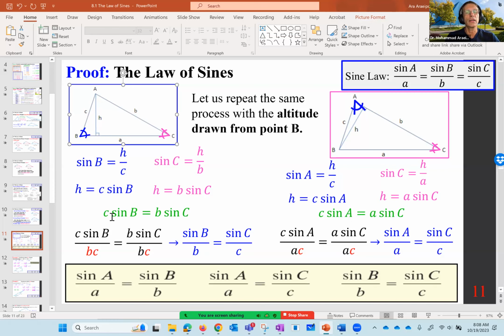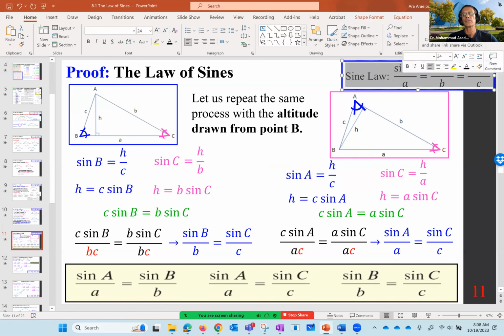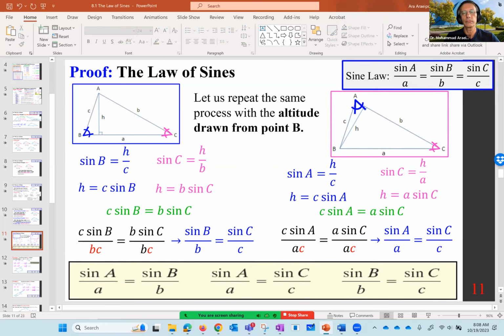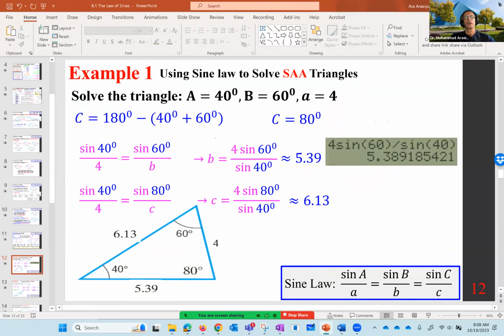We find that. And we do the same thing here. We use a different height or altitude. And again, we have two triangles here, the smaller one and the larger one. And ultimately, it gives rise to the sine law. And we prove it that way.